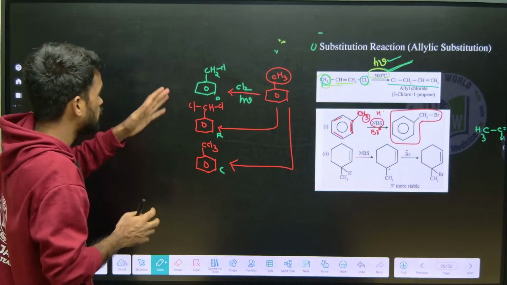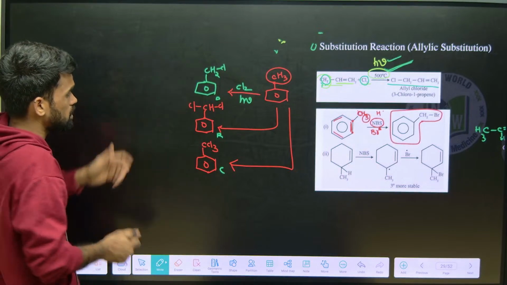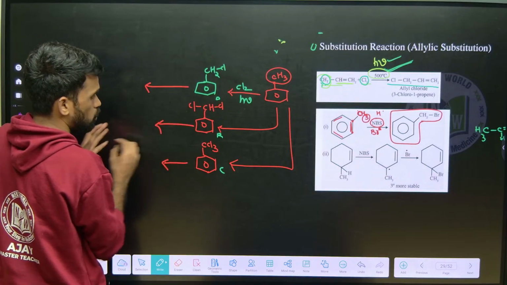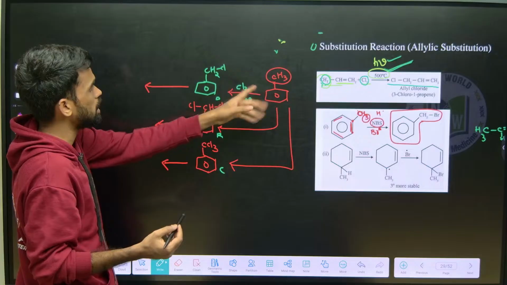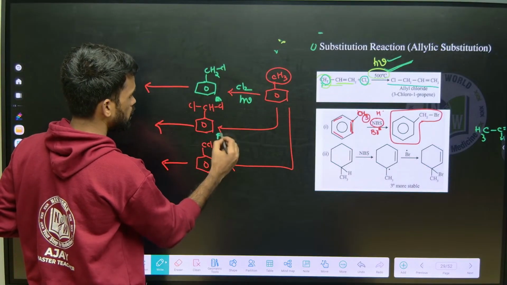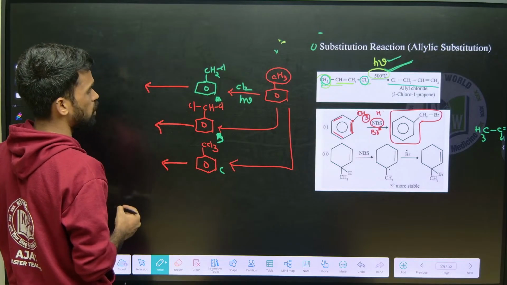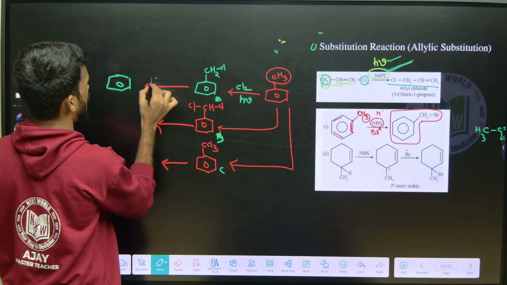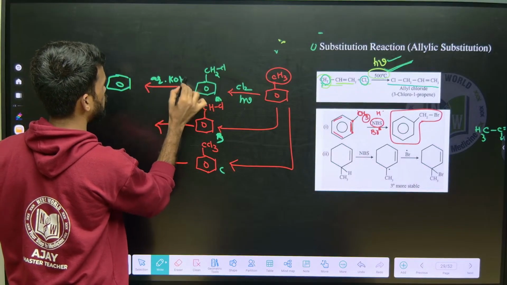If they want to ask like this, they will give a continuous reaction, so that looking at the final product formed, we can decide what type of intermediate is formed. Let us say these are A, B, C. Now the final product from A, when I treat with aqueous KOH, looks like this.